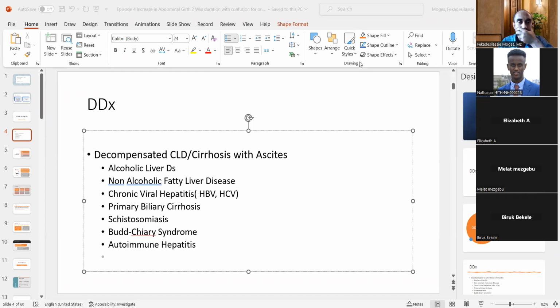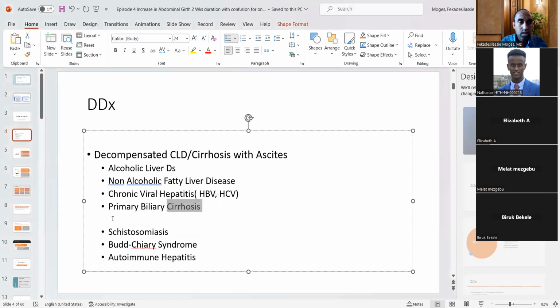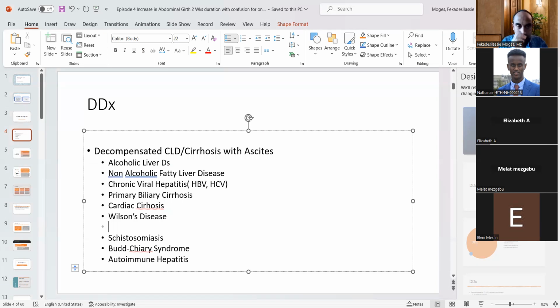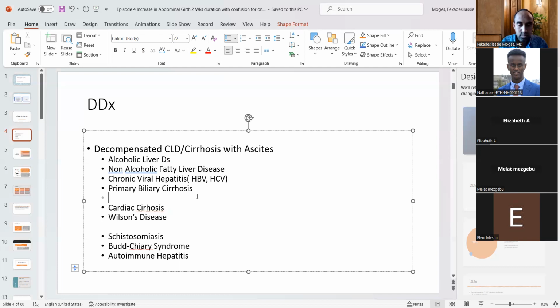Other causes. Cardiac cirrhosis. And also Wilson's disease. And hemochromatosis.